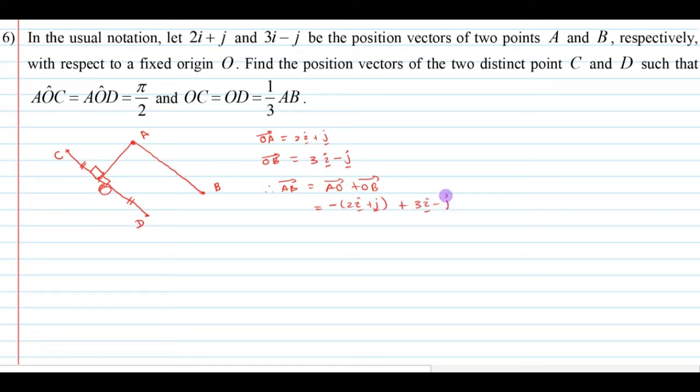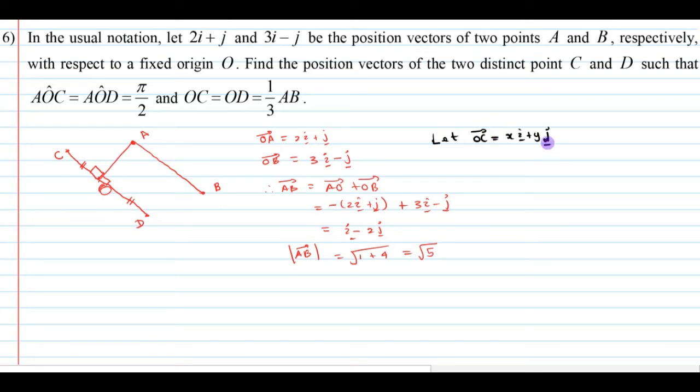Then we get i minus 2j. Then we can find the modulus of vector AB is equal to square root of 1 plus 4, which is equal to square root of 5.